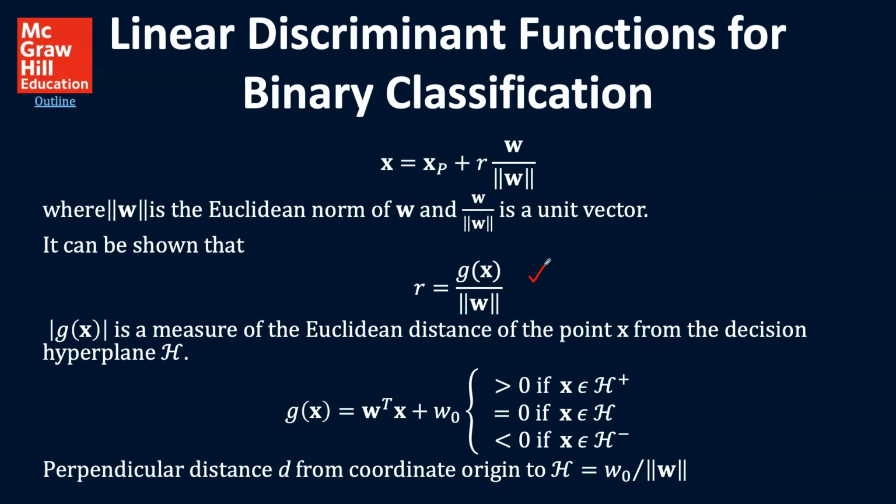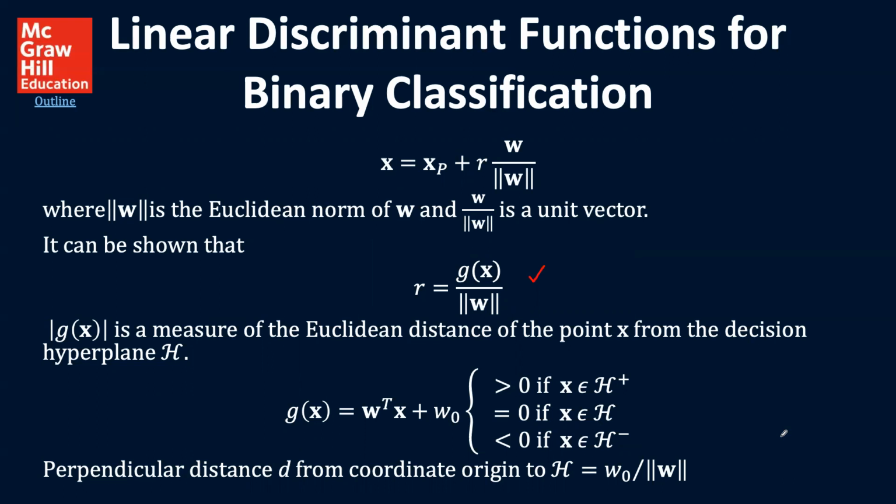And so then we have g of x has one of three values. If it's greater than 0, then we know that x is in the hyperplane H plus. If it's 0, it's right on the hyperplane, and if it's less than 0, then it's in the hyperplane H minus.